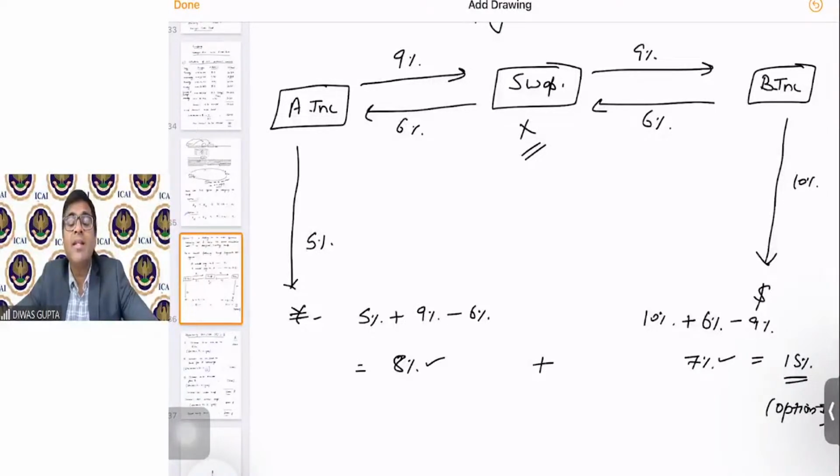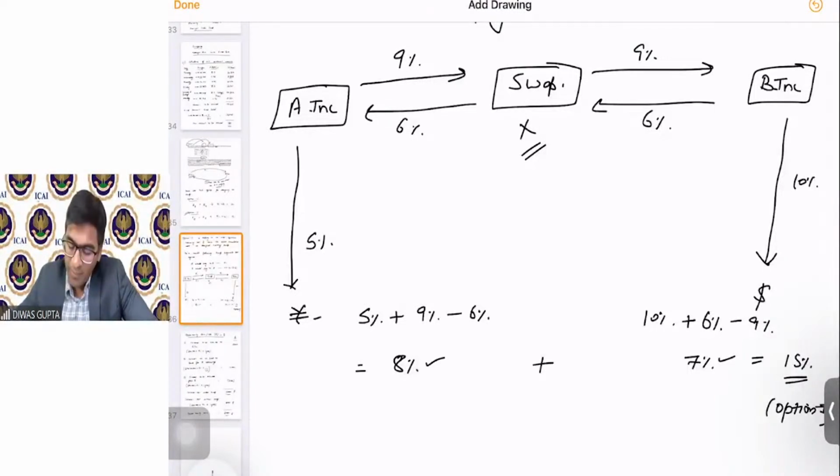Similarly, for B, since the preferred borrowing was in yen, the interest rate and the exchange rate being the same from year 0 to year 1 end, we have done all the calculations in yen. And for B, 10% is what it is paying at the dollar rate, 9% is what it is receiving from A Inc. under the swap, and 6% it will end up paying to A Inc., which is the 5% plus 1% mentioned in the question.